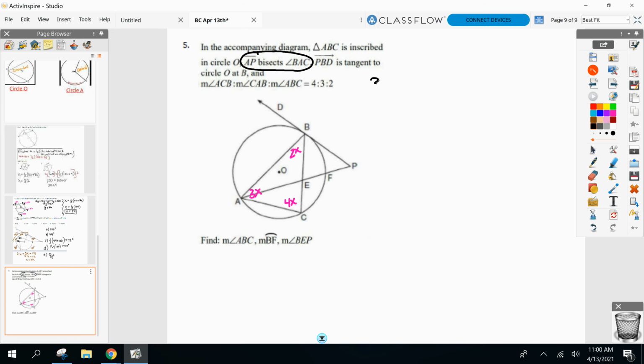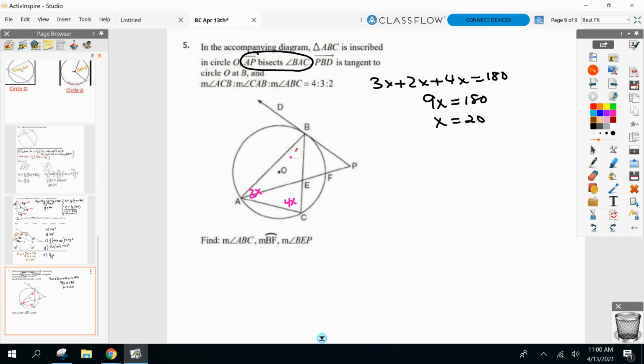Yep. So I got 3x, 2x, and 4x. They all add up to 180 because of the three angles in a triangle. I get 9x equals 180. X equals 20. Go ahead, plug them in.